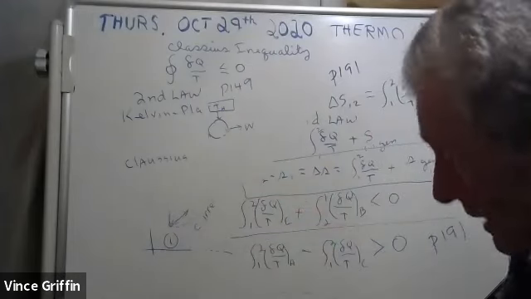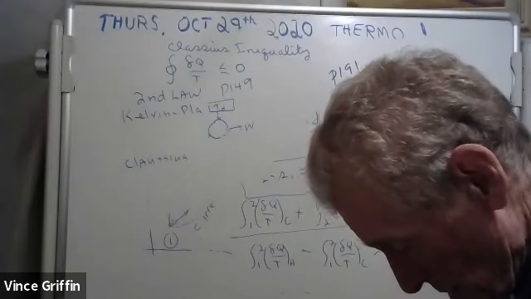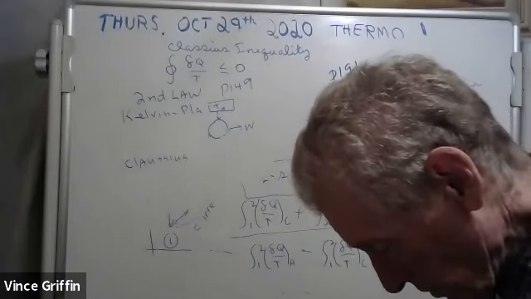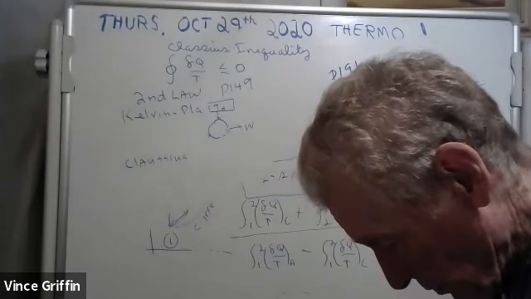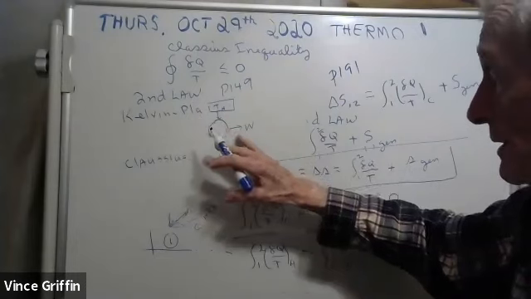This is a heat sink, and you don't have any. It's impossible to construct a device that will operate in a cycle and produce no effect other than the raising of a weight and the exchange of heat with a single reservoir. Here's our single reservoir.